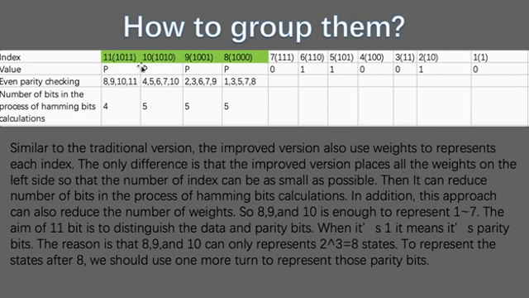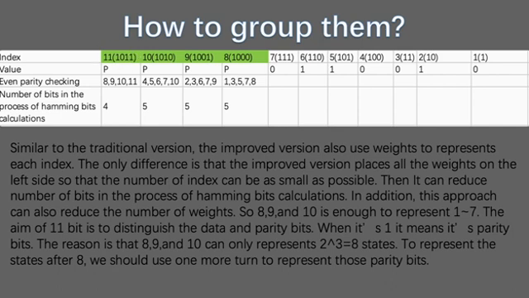When it's 0, it means data. The reason is that 8, 9, 10 can only represent 2 to the power 3, which is 8 states. And to represent the state after 8, we should use one more state to represent those parity bits, which is 11.